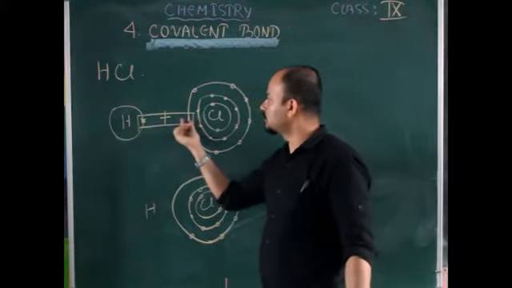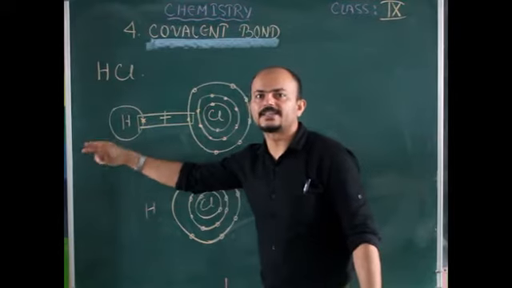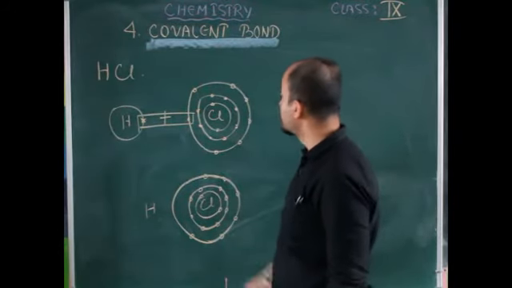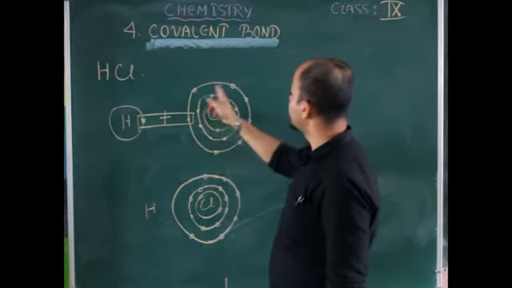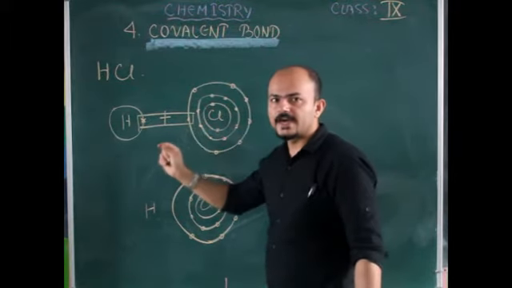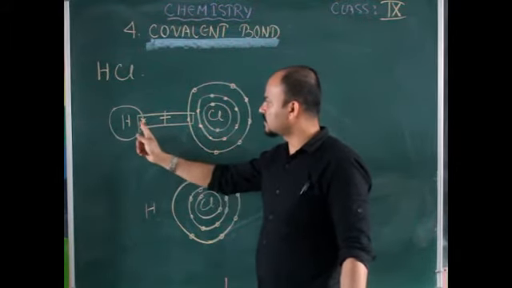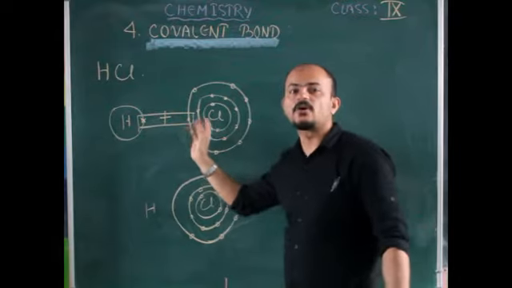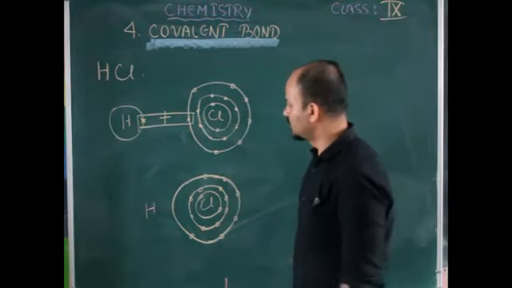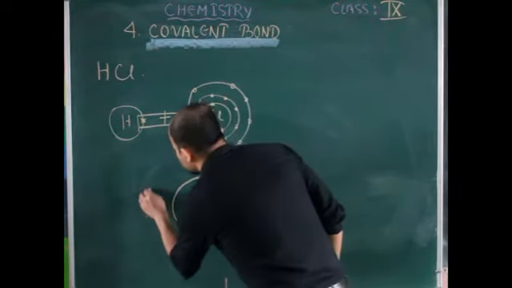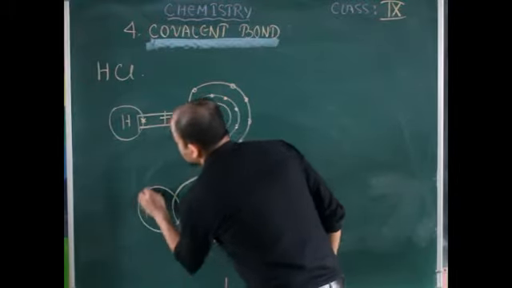That means 1 plus 1 is 2 for hydrogen, so its duplet configuration is complete. And chlorine has 7 electrons in the valence shell, and whenever it shares 1 electron of hydrogen, its octet is also complete. Therefore, they undergo mutual sharing of electrons.